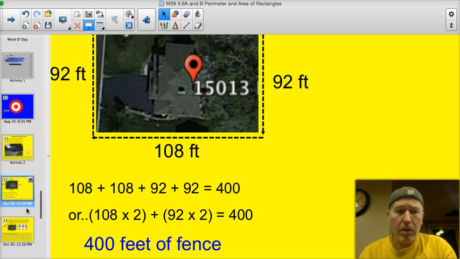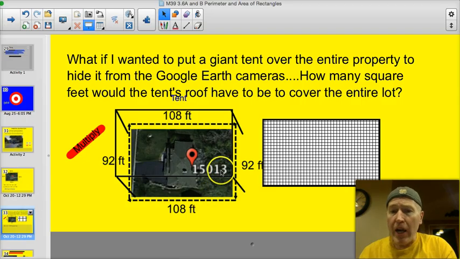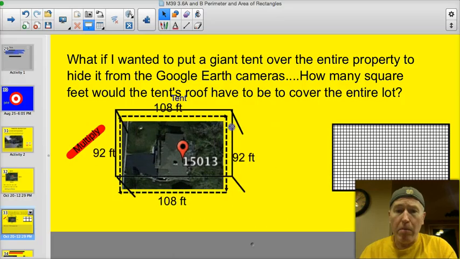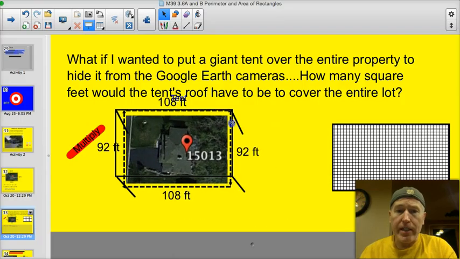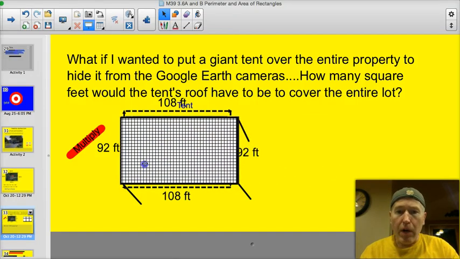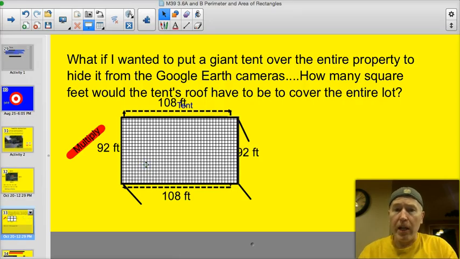The second problem, let's suppose I want to hide my entire lot from the Google Earth camera by putting it underneath this giant tent. Well, I'd erect some sort of a frame like this, and then cover it with a giant tent or cover of some kind. That would be square feet, because it would have to be 108 feet going this way and 92 feet going this way.